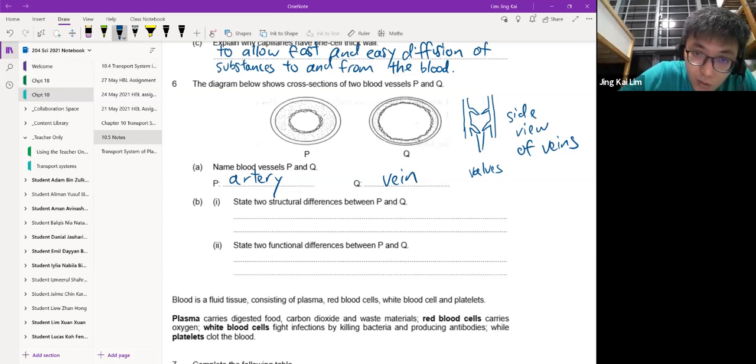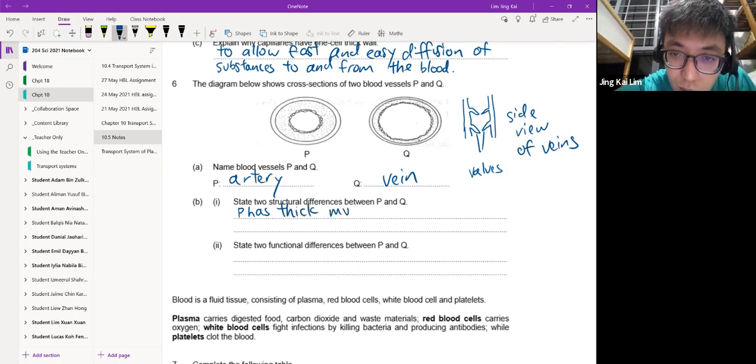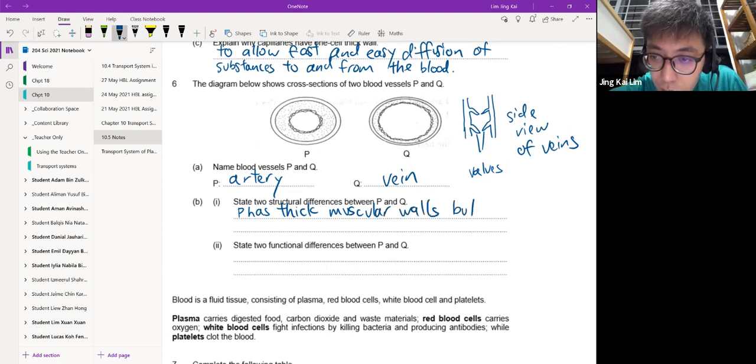State 2 structural differences. Structural meaning how it looks. So what are the 2 structural differences between the artery and the vein? Of course, as we mentioned, P has thick muscular walls, but Q doesn't.